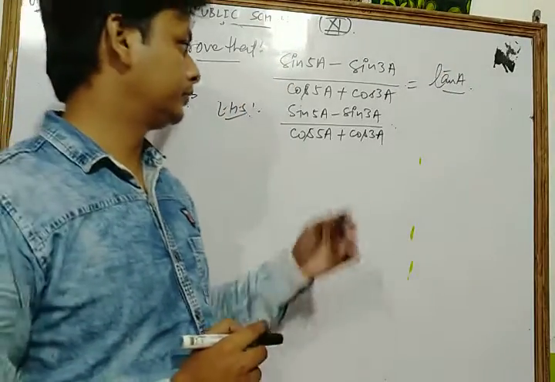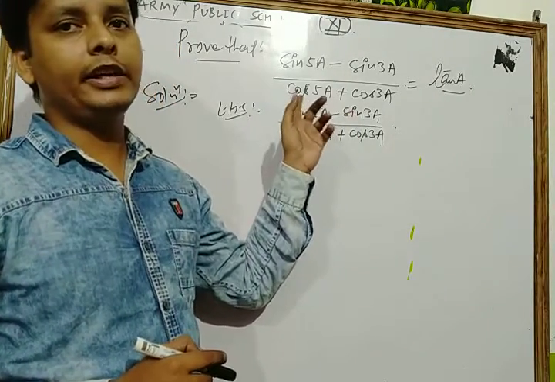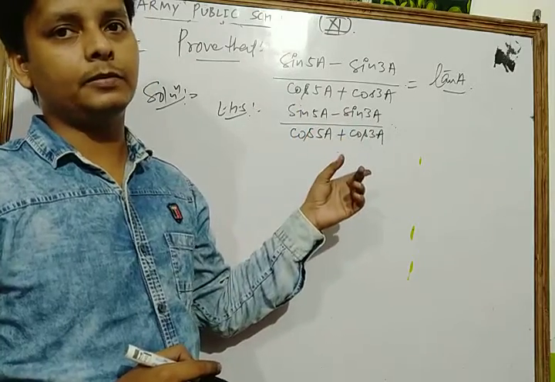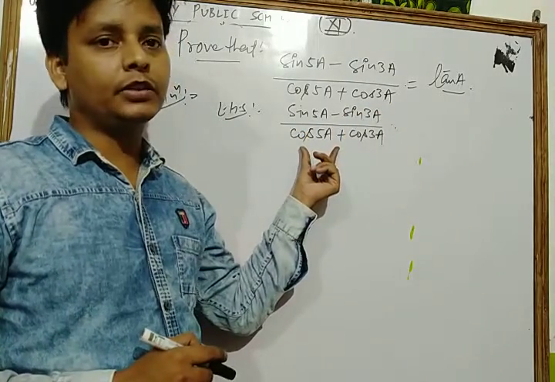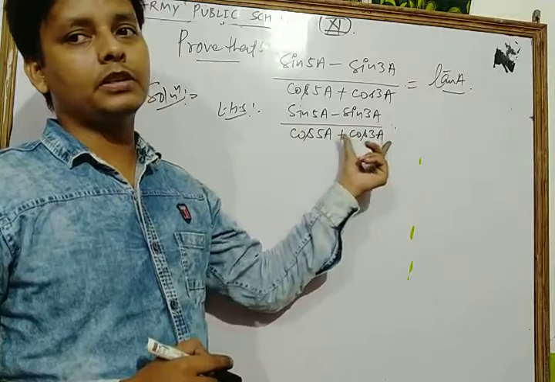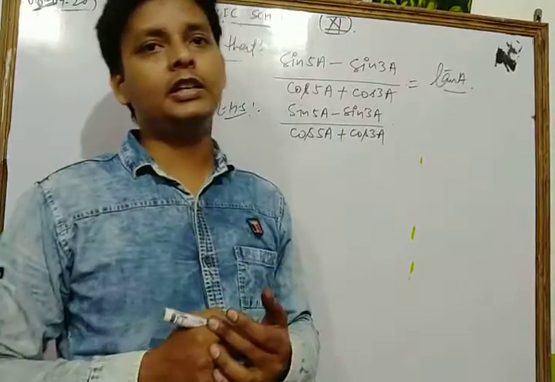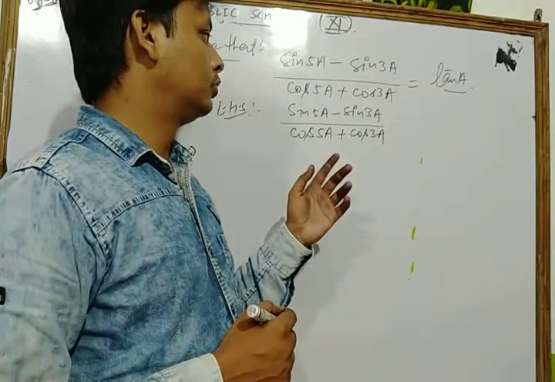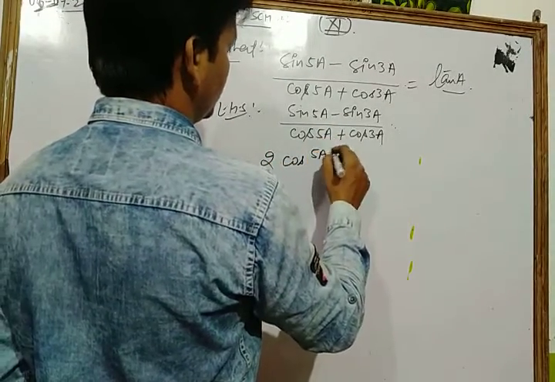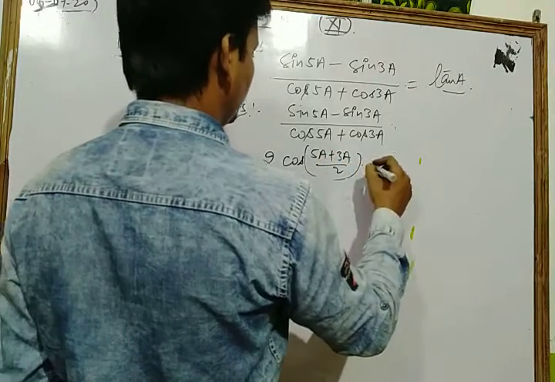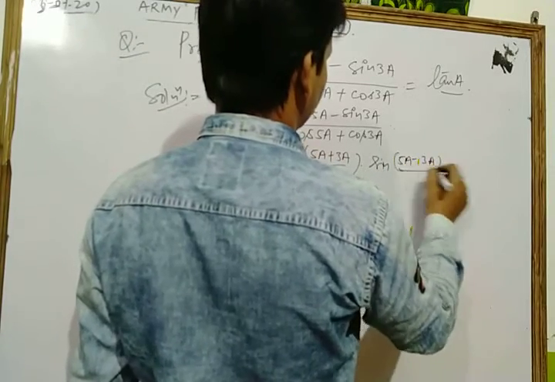Okay, now in the numerator we apply the formula sin C minus sin D, and in the denominator we apply the formula cos C plus cos D. Okay, now let's see what is the formula of sin C minus sin D: 2 cos (C plus D) by 2 into sin (C minus D) by 2.